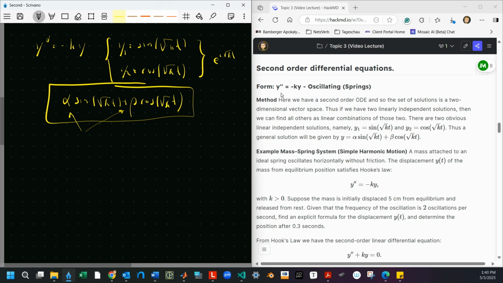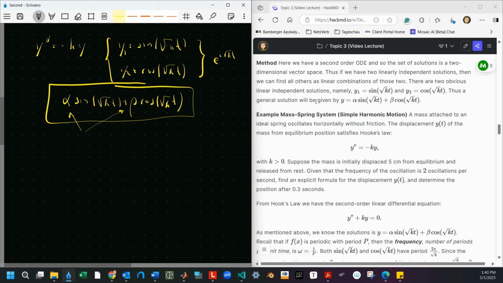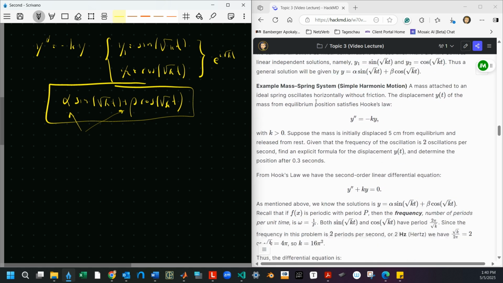Okay, good. So the particular example we have here is a spring, and maybe if some of you have seen some physics, this is a Hooke's law looking thing. We have a spring attached to a mass, and it oscillates with no horizontal friction, and the displacement y of t satisfies this Hooke's law.